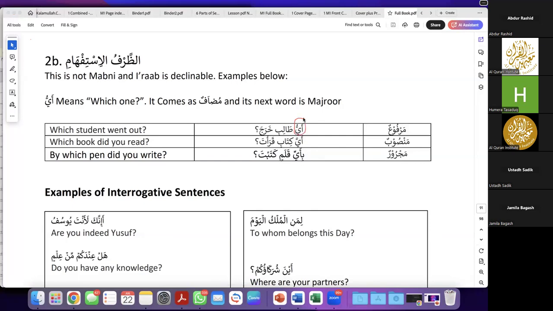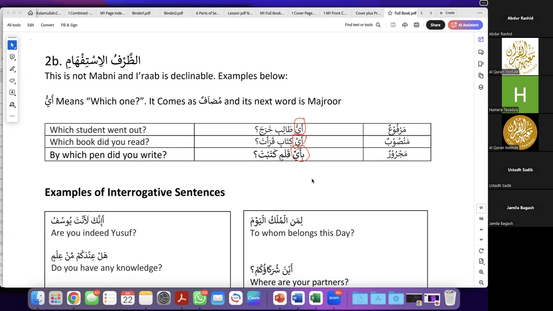So you notice for marfu' is ayyu, for mansub is ayya, and for majrur, it's ayyi. But obviously, there has to be something that's causing it to be either mansub or majrur. By default, it's ayyu.